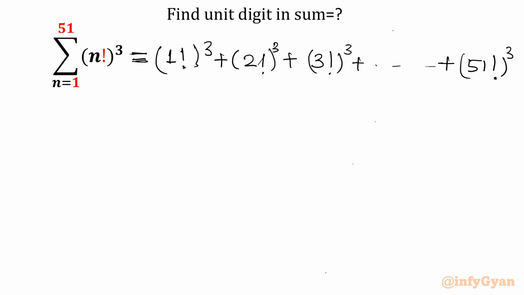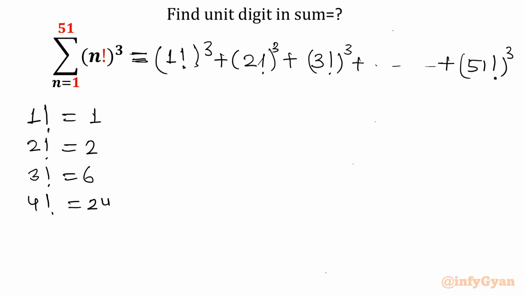Now let's write all the factorials which we can write, not 1 to 51. 1 factorial is 1, 2 factorial is 2, 3 factorial is 6, 4 factorial is 24, 5 factorial is 120, 6 factorial is 720, and after that 5040, 40320, and the numbers would be bigger and bigger.